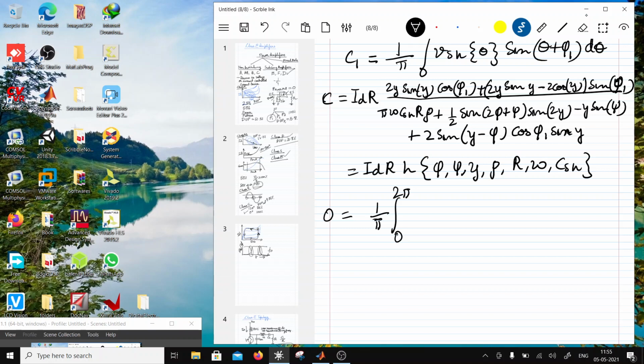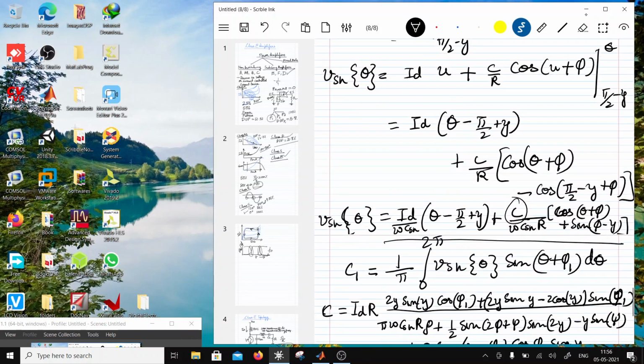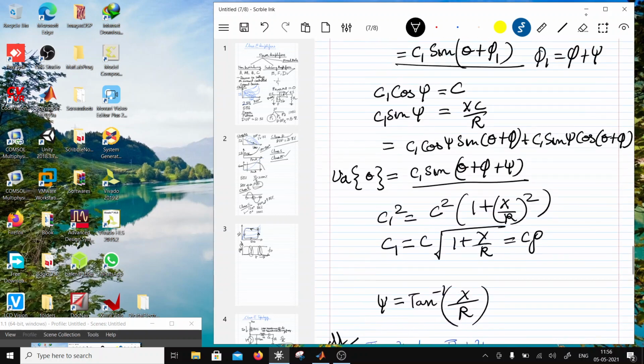That's how you have this h value, right, for that limiting case, because in 0 to 2 pi you are only going to see the off waveform, which is basically pi by 2 minus y to pi by 2 plus y. So now this would be v as such, which is a function of theta, times cos of theta plus phi d theta. So this is going to be 0. So this is the quadrature. If you have a sine here, the quadrature component is 0.